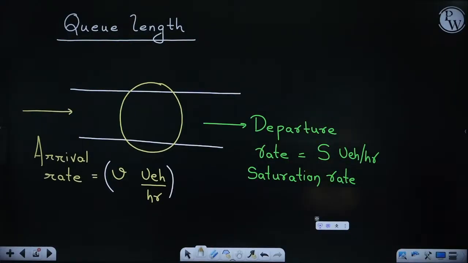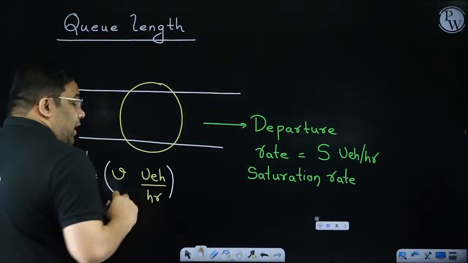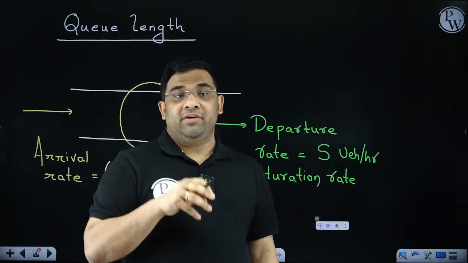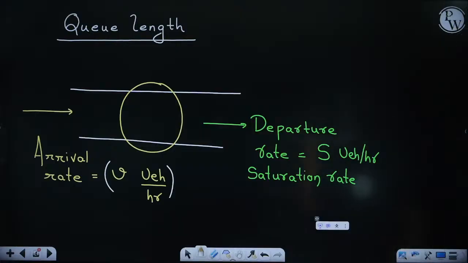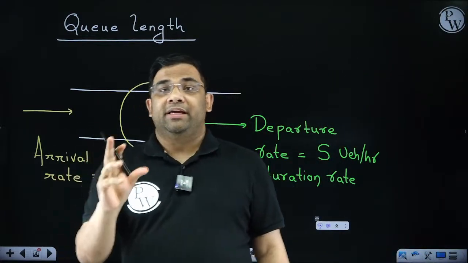For example, suppose the arrival rate is 100 vehicles per hour. Every hour, 100 vehicles are arriving at this point. So this is the arrival rate. And suppose the departure rate is 80 vehicles per hour.